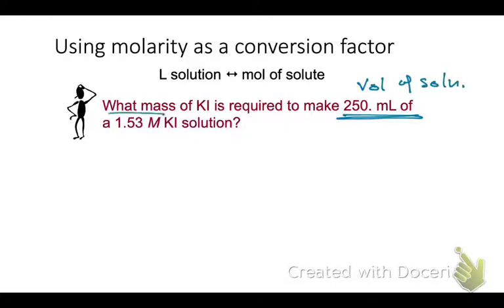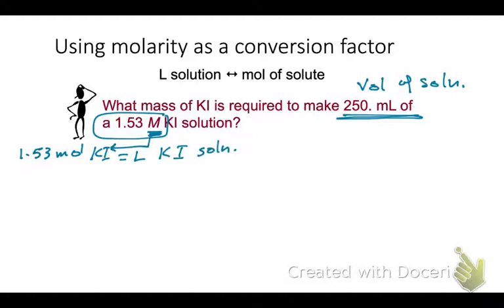And this here is a concentration of a solution. It's in molarity. So what I need you to do is immediately write what does that mean to you as a relationship. It means there is 1.53 moles of potassium iodide for every liter of potassium iodide solution.